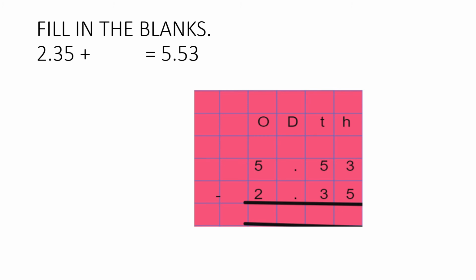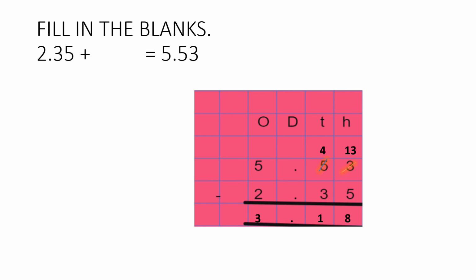From 3, 5 cannot be subtracted. So we will borrow from 5, and when 5 will give 1 to this place, it will remain 4. So let us see. It will become 13 because this is tenth and this is hundredth. So when this tenth gives 1 to hundredth, the 3 is converted into 13. 13 minus 5 is equal to 8. 4 minus 3 equals 1.